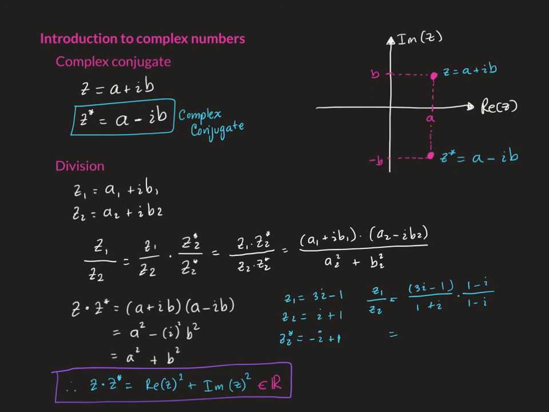Now the bottom becomes the sum of the squares of the real and imaginary part, so that is simply 1 squared plus 1 squared, and the top is 3i minus 1 times 1 minus i, so that is 3i minus 3i squared minus 1 plus i. Simplifying the top, we get 4i plus 2, and the bottom is 1 squared plus 1 squared, that's 2. So the final answer would be 2i plus 1.